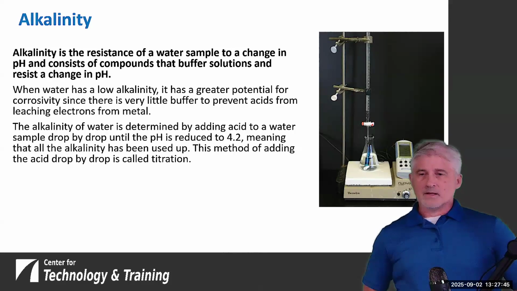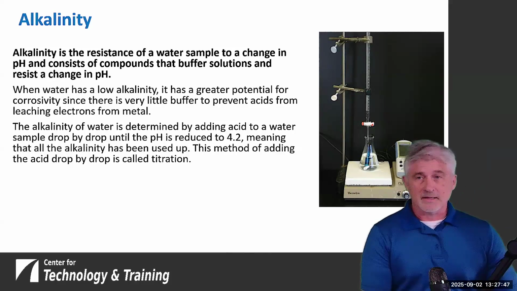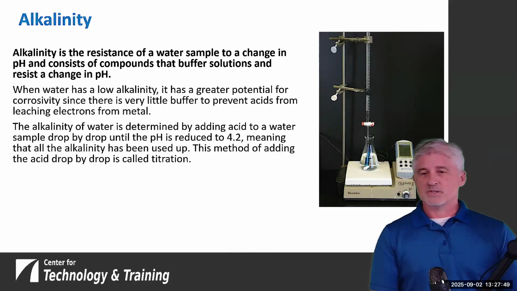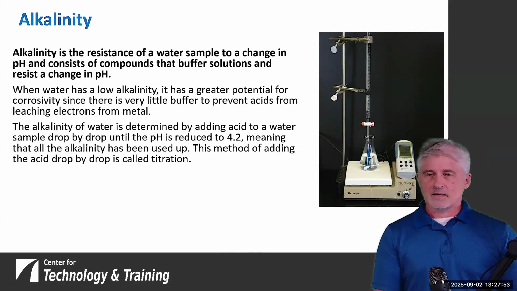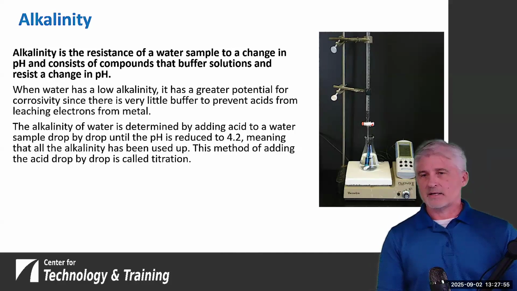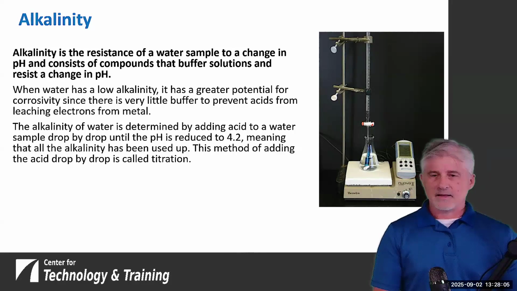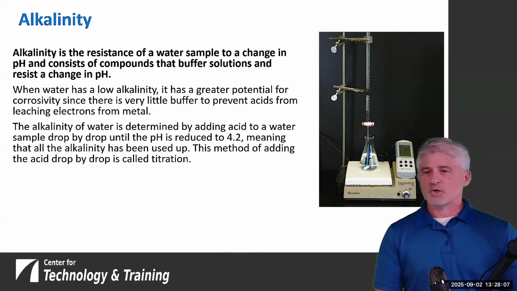So when we go to determine what the alkalinity is, we get into our high school or college chemistry course, and we get to do a titration. The idea is that we're going to take our water sample and add acid to it drop by drop until the pH is reduced to 4.2. Typically with that, we'll see a color change.